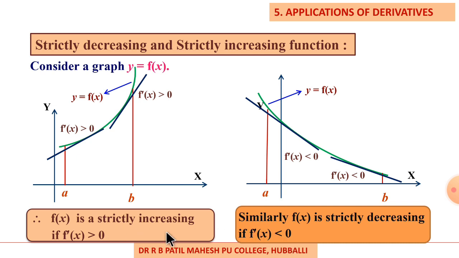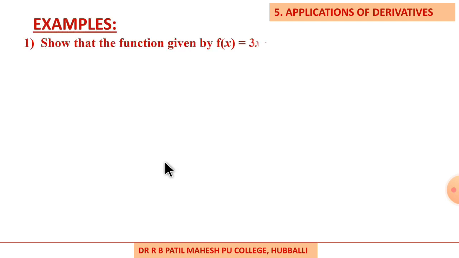So these two points you have to remember, and these are the differences between increasing and decreasing, and strictly increasing and strictly decreasing. Now we will discuss some examples.